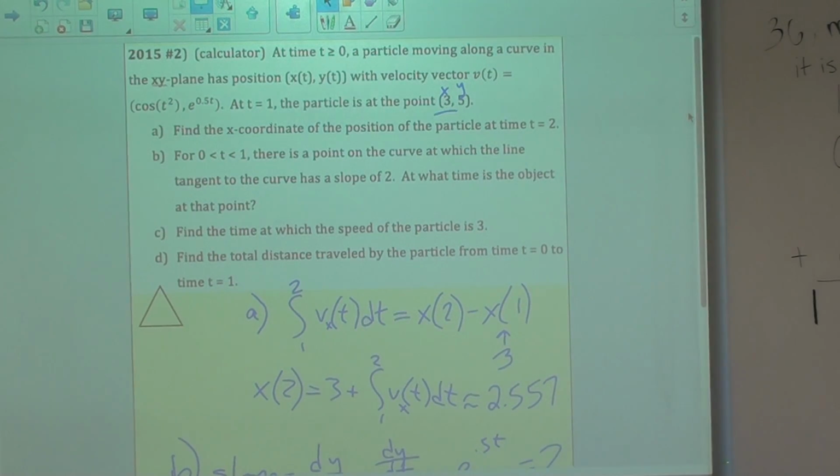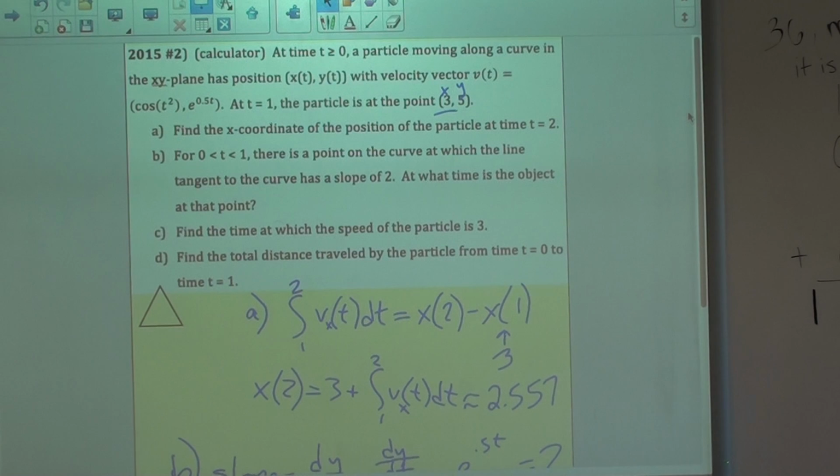Speed is the magnitude of velocity. Wait, you don't need to integrate it. I know, but technically could we? Why are you trying to integrate it? I don't want to, but is it the same thing? If you integrate velocity, doesn't that give you speed? No, that's position.